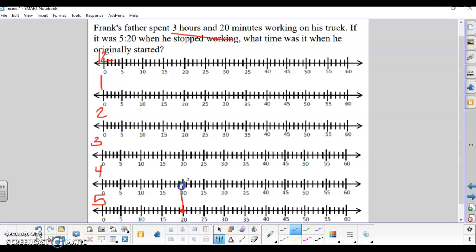So I count 1 hour, 2 hours, 3 hours, and now 20 minutes. 5, 10, 15, 20. So he started working on his truck at 2 o'clock.